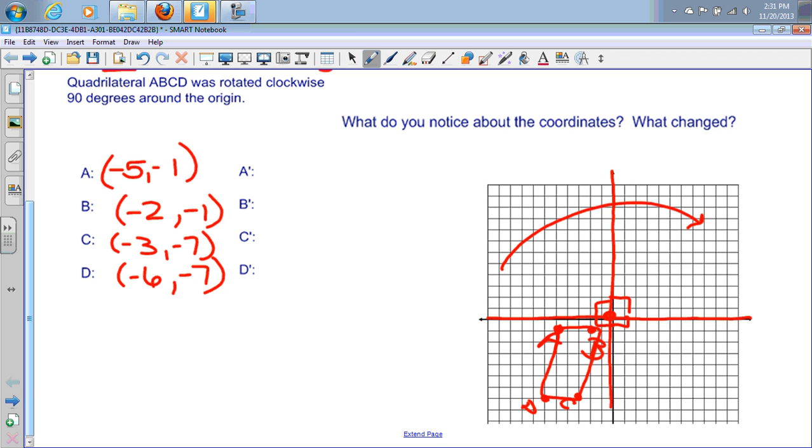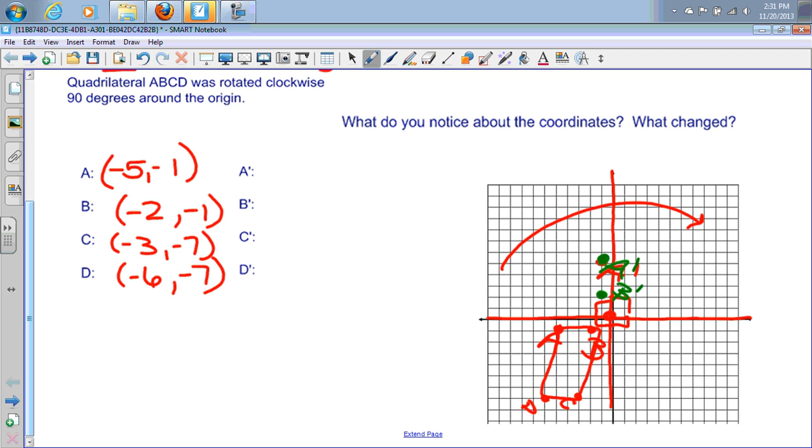Okay? So A prime is going to be at -1, 5. 1, 2, 3, 4, 5. Here's A prime. Actually, let me do that in green because the holidays are coming. B prime is -1, 2. There's B prime.